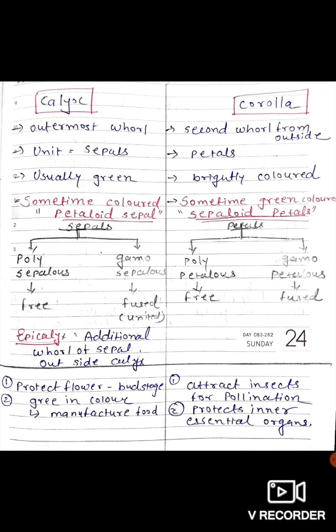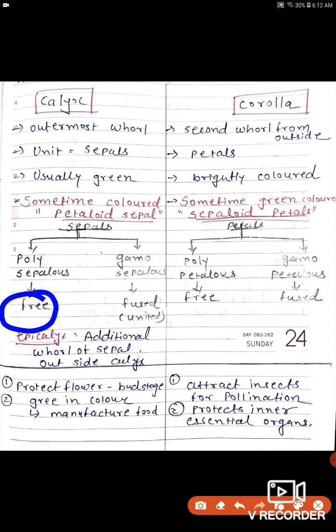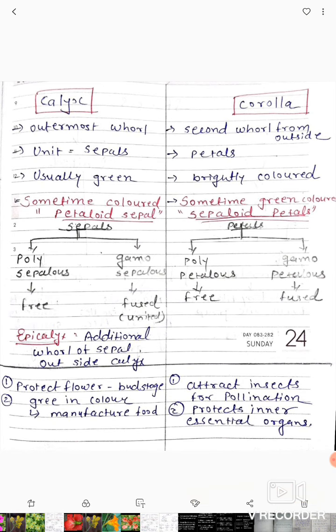Now, sepals can be of two types. Based on that, flowers can be polysepalous or gamosepalous. Polysepalous means the sepals are free, and gamosepalous means sepals are fused.